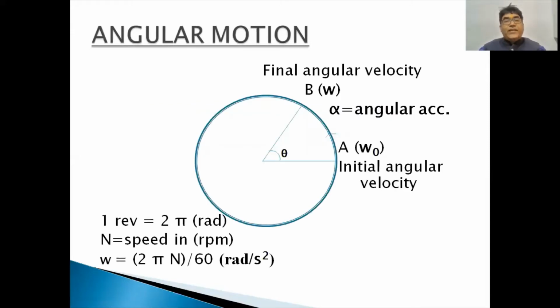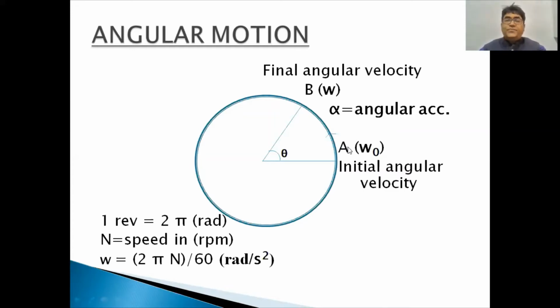As compared to linear motion, in angular motion there are some differences. The first basic difference is that the object is moving in a circular path as shown in the figure.